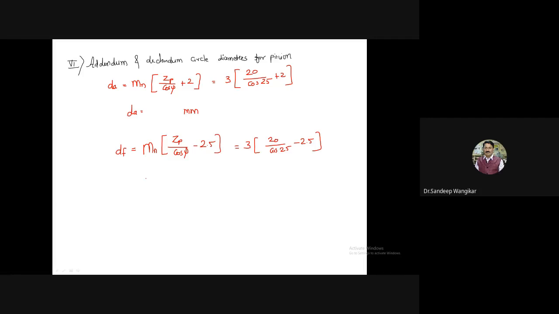This will give you the dedendum circle diameter. Okay, tell the values for addendum and dedendum circle diameter.